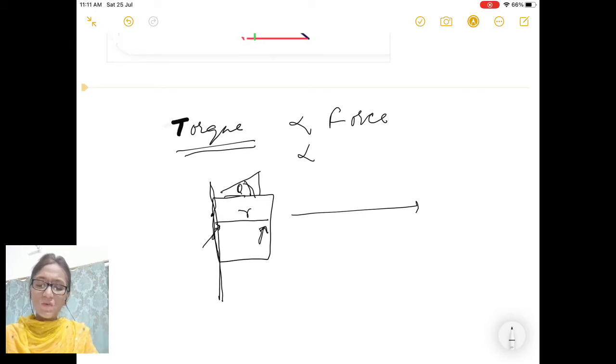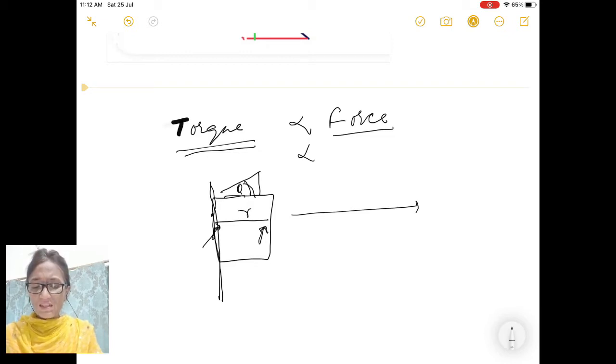Now, the greater the force, the greater the rotational effect. So torque directly depends on force. Another thing you will notice is that if you apply some force near the axis of rotation, near the axis where the door is fixed, it does not rotate; the rotational effect is very least.